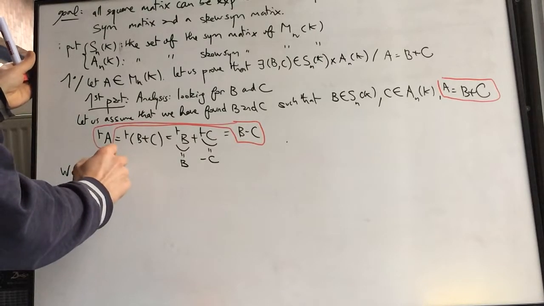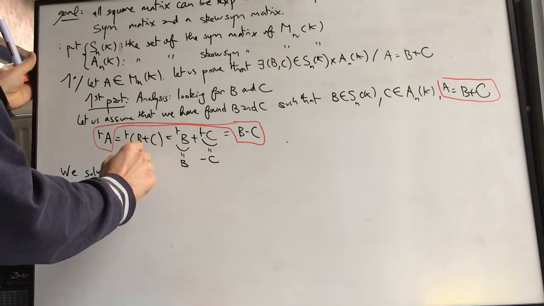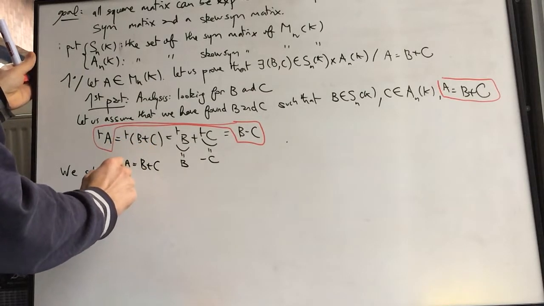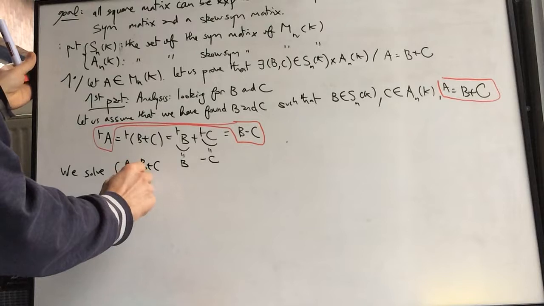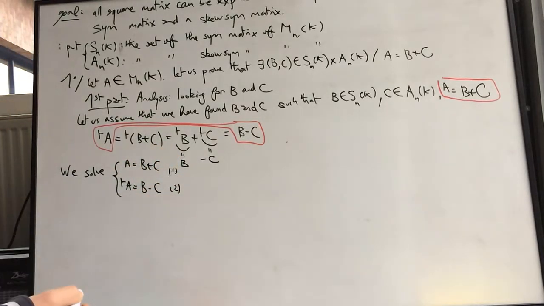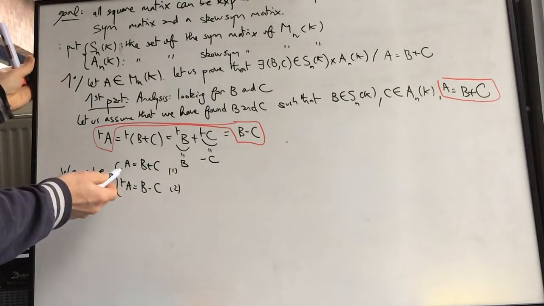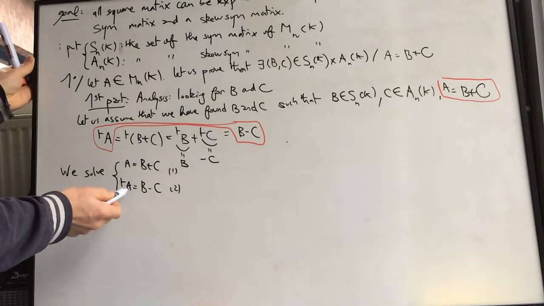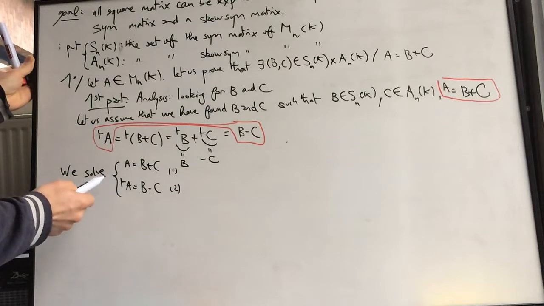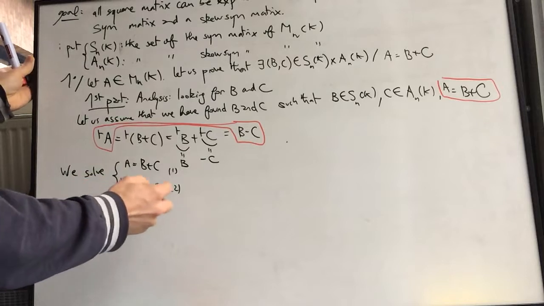We solve the system A is equal to B plus C, transpose of A is equal to B minus C. To solve this system of two equations, we notice that if we sum the two equations, we get A plus transpose of A is equal to 2B.